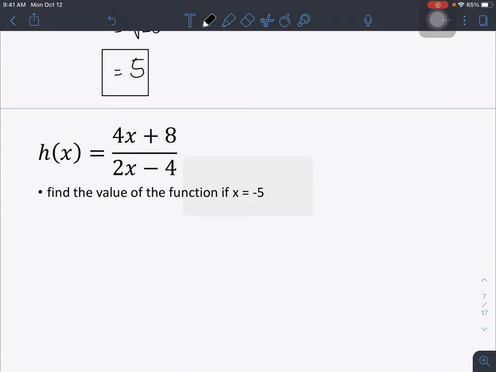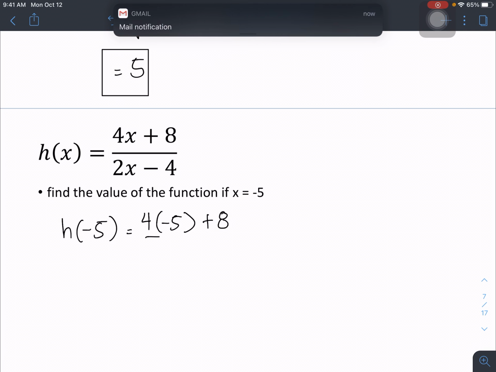Next one. So h of negative 5 is equal to 4, replace all the x's by negative 5, plus 8, over 2 times negative 5 minus 4.